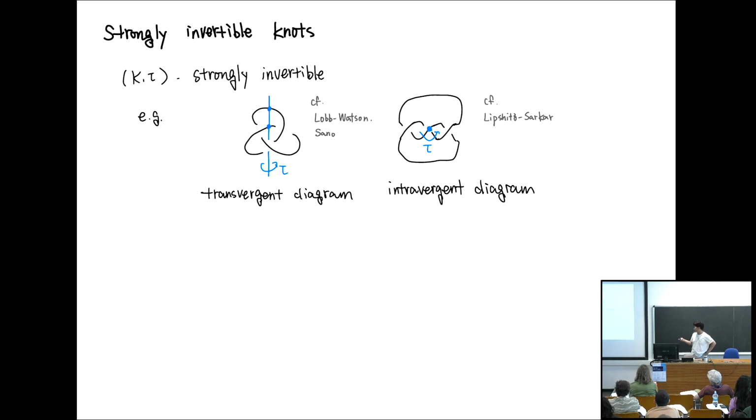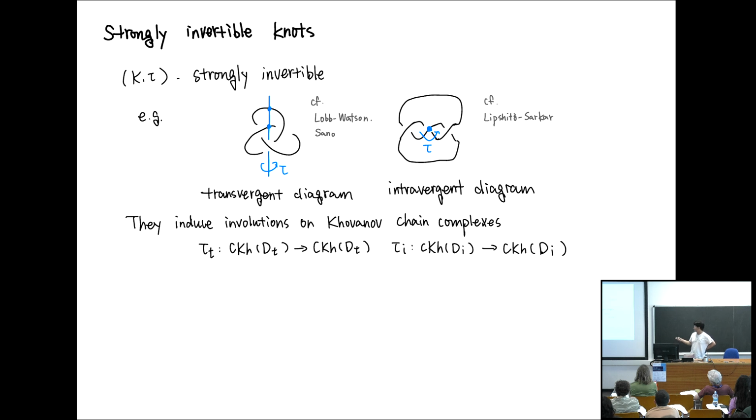So there are two ways of drawing that, and each of these diagrams gives you a model of the Khovanov chain complex, and this geometric involution gives you an involution on the chain complex for each of these models. A priori, there's no reason to expect anything, because how would you compare these two involutions?